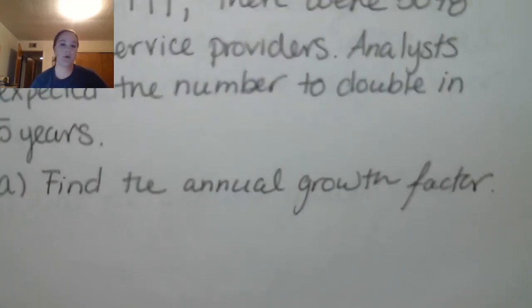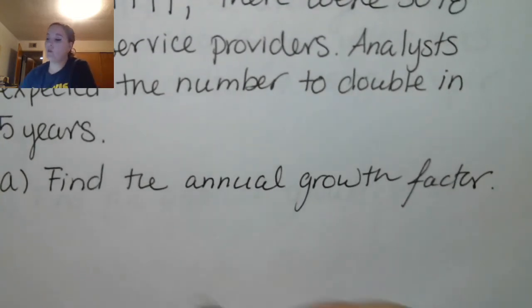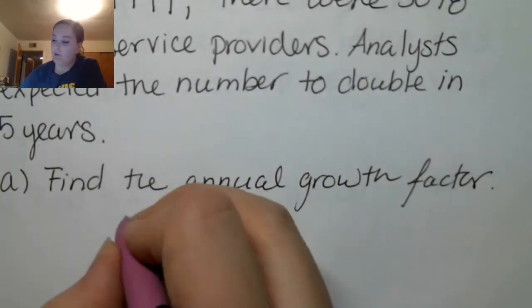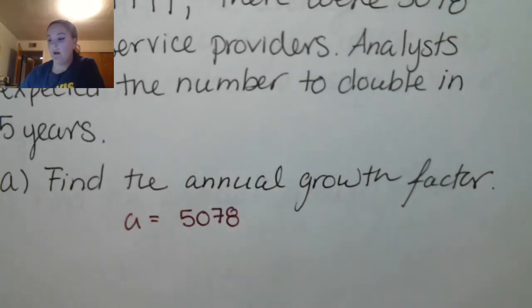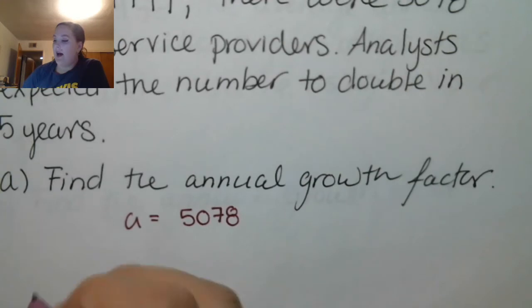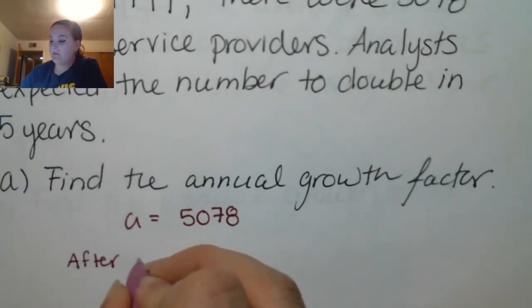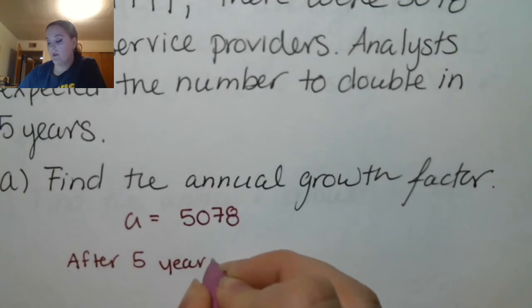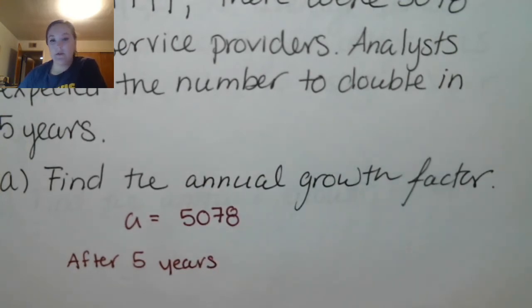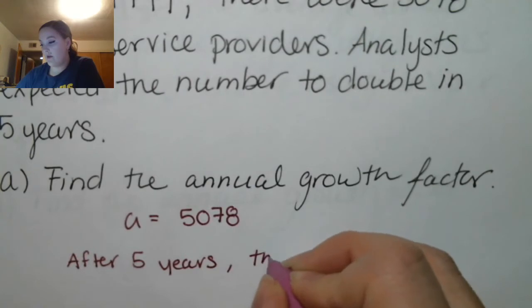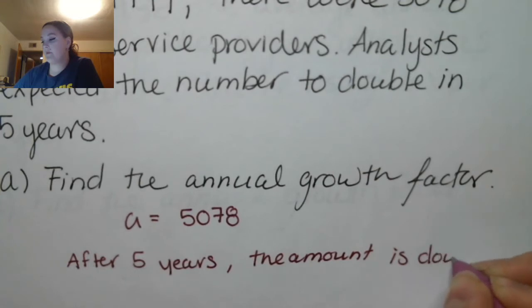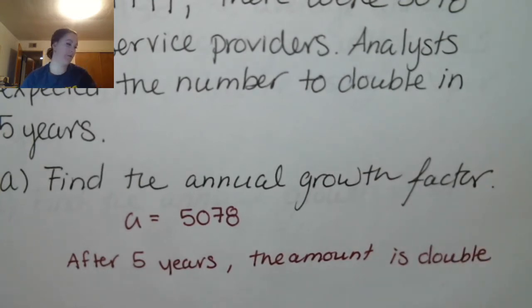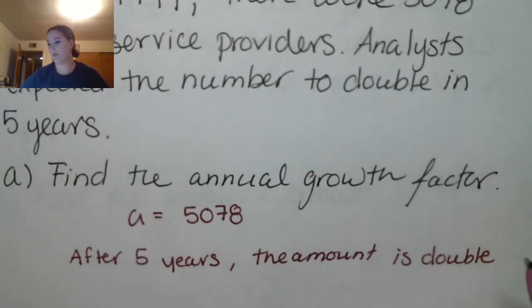So what we are going to do is say that we know the initial amount. It's given in the problem. And then after 5 years, it should have doubled, or 10,156.